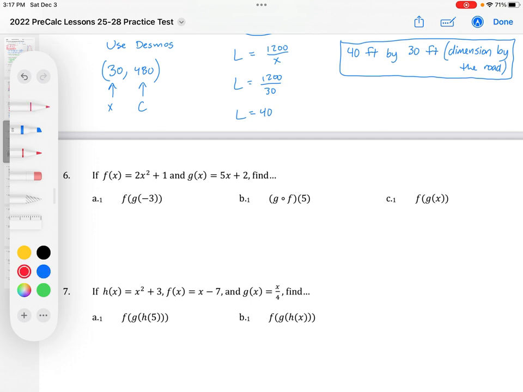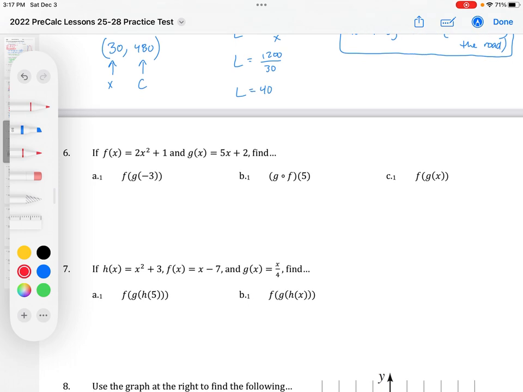So we're going to look at composition now. In part 6a, we're going to find g of -3. So we're going to start with that g function and plug -3 in for x. So -15 plus 2 is -13. Then we're going to take -13 and plug it into the f function.